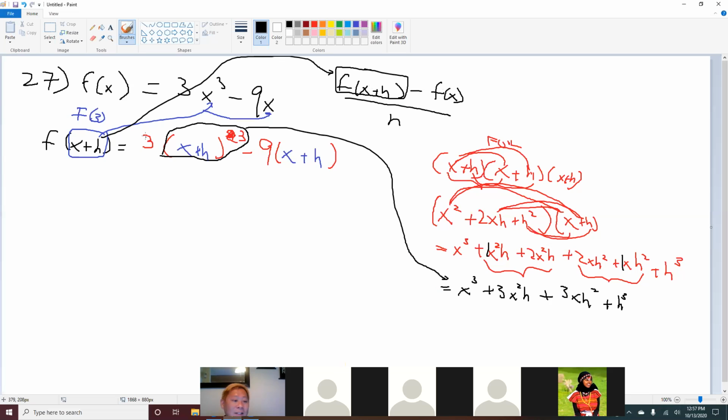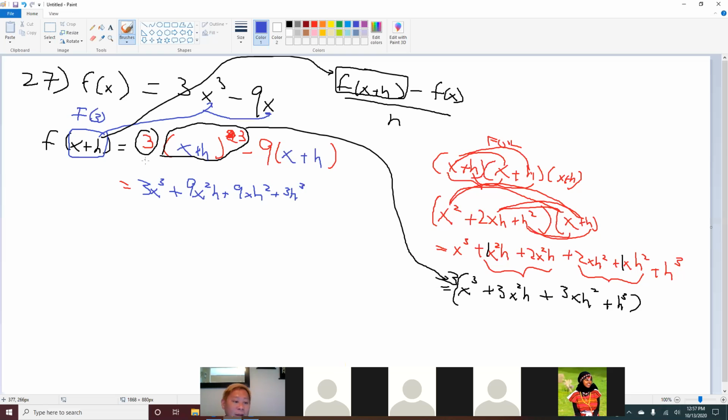What you do next is multiply this by 3. You take all of this and multiply by 3, because you have a 3 in front. So distribute the 3. You will have 3x cubed plus 9x squared h plus 9xh squared plus 3h cubed.